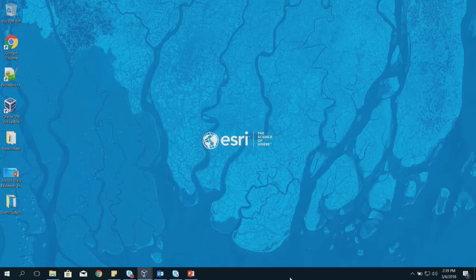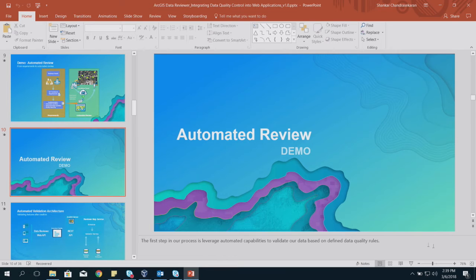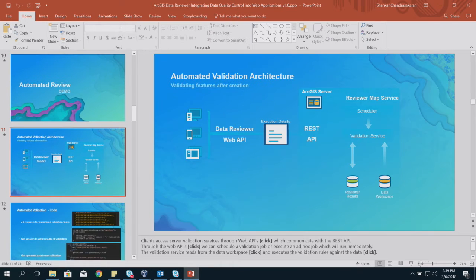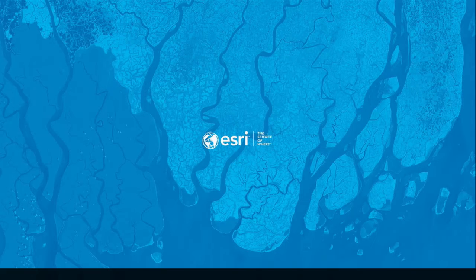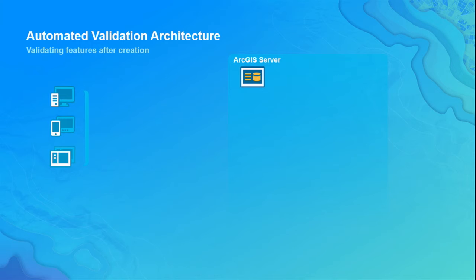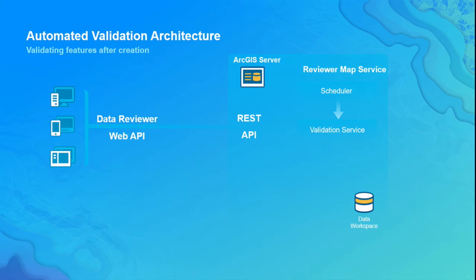As that is happening, what I would like to do is look at the overall architecture as part of that quick demonstration. What we did was we used ArcGIS Data Reviewer's JavaScript web APIs to connect to the REST API to trigger an automated validation. In this case, you can either schedule a job or execute a job.